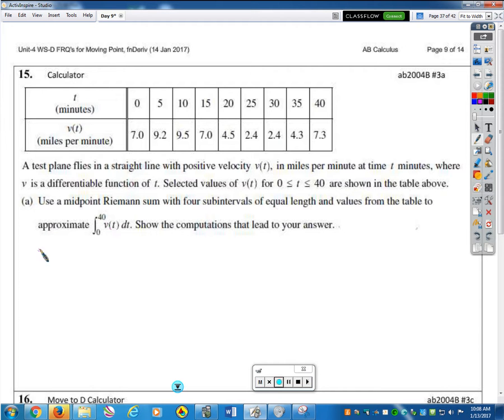So I'm doing this integral from 0 to 40 of the velocity, and it's approximately equal to the midpoint Riemann sum for subintervals. So I'm dividing it like this. And I go to the middle point, so I take v of 5 multiplied by the width of that subinterval, which is 10. And then I move on and do it again and again and again, right?